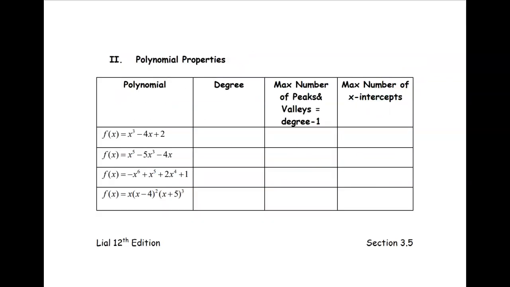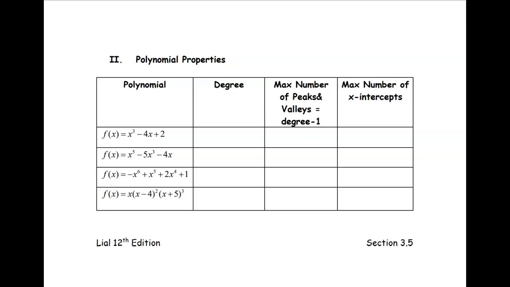Also, it is helpful for us to look at some properties of polynomials. We have learned how to identify the degree of the polynomial function. From the degree, that also gives us the idea of the number of peaks and valleys, or the number of turning points. And the formula for that is just equal to the degree minus 1.